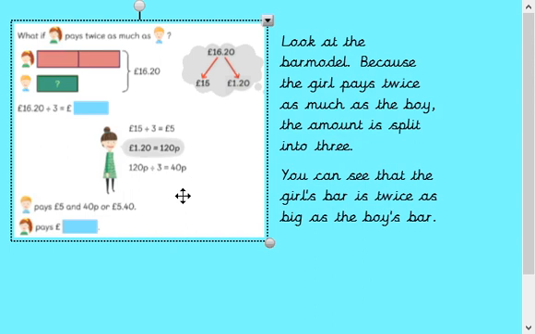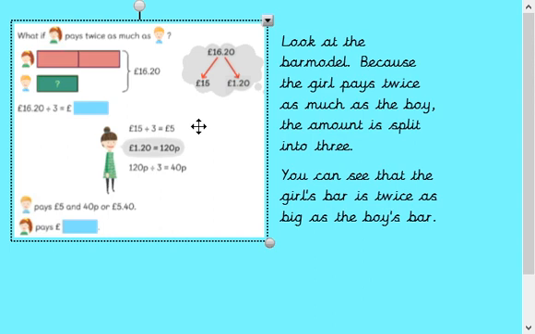If we recombine the number, then each of these chunks is going to be worth £5 and 40 pence. So this child here will be paying £5 and 40 pence. This child here will be paying 2 lots of that, so it would be £10 and 80 pence.